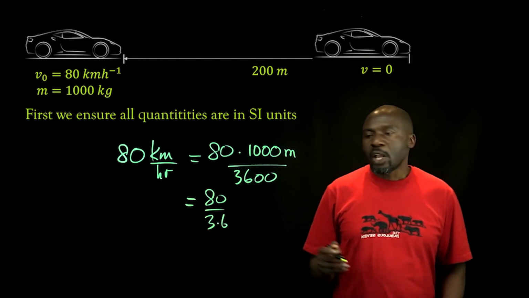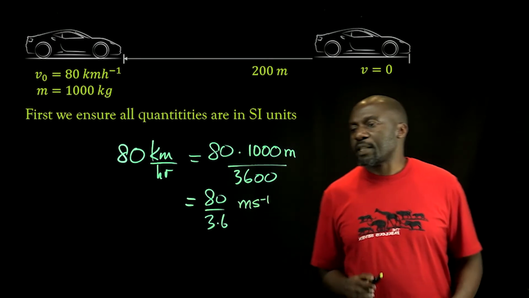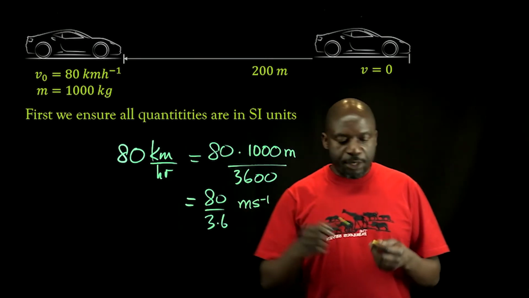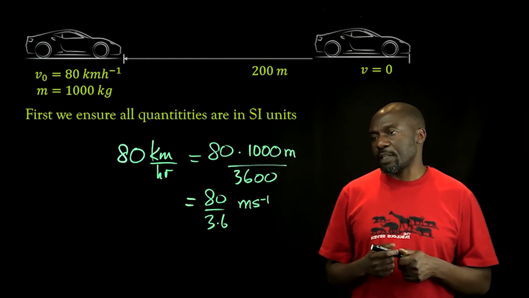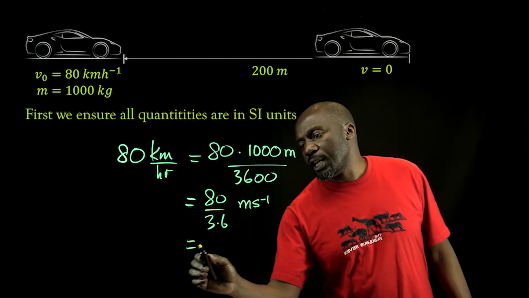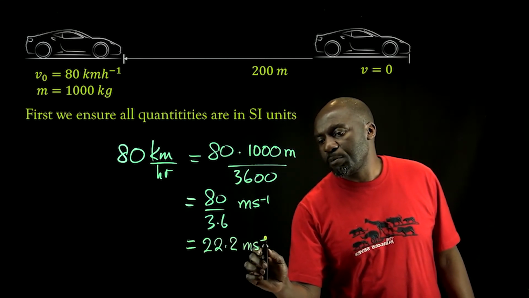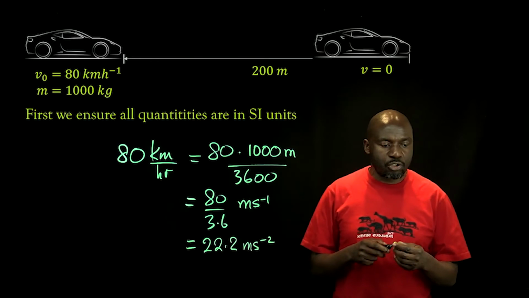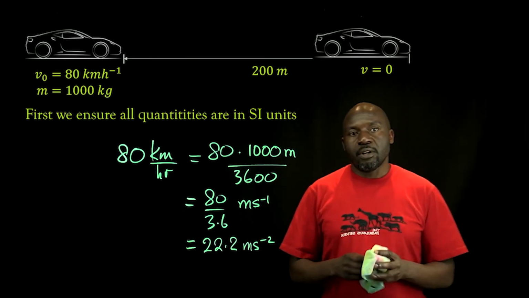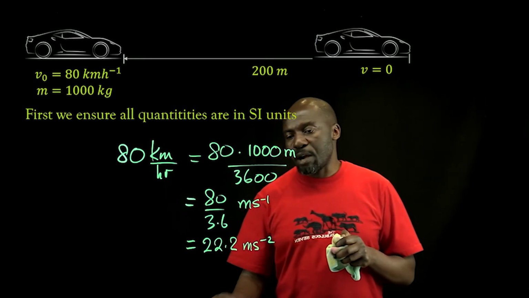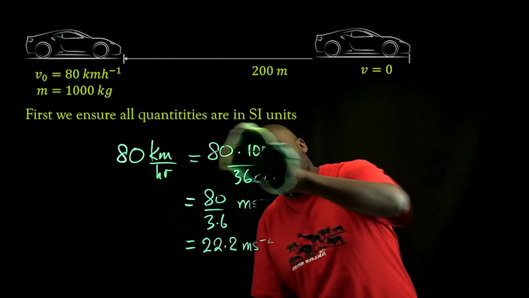This is to say that every time you need to change from kilometers per hour to meters per second, just take your value in kilometers per hour and divide by 3.6, and you get your result in meters per second. In this case, this should turn out to be 22.2. It's a recurring decimal, I think. Please try it out and check that that is true. So the 80 kilometers per hour in meters per second is 22.2 meters per second.